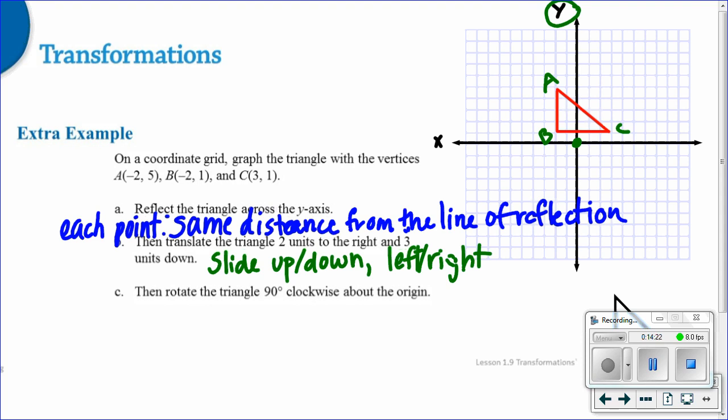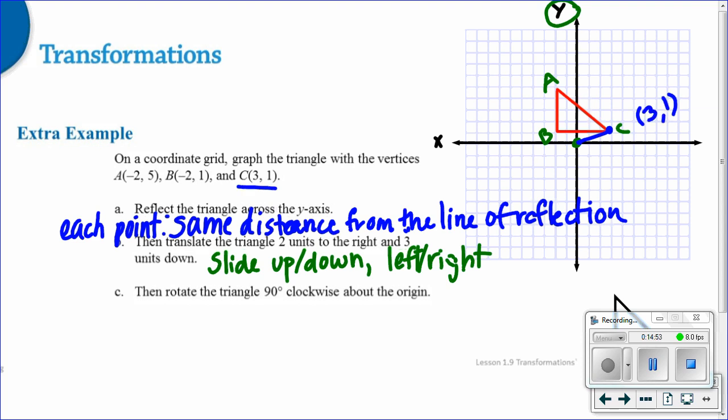remember, if I draw a line from, so I'm going to demonstrate this here with point C. If I draw a line from my center of rotation to point C, my new point should have a 90 degree angle to go along with it. So point C, I'm actually going to write the coordinate up here. You know that point C, if we look back to the beginning, is 3, 1, right?